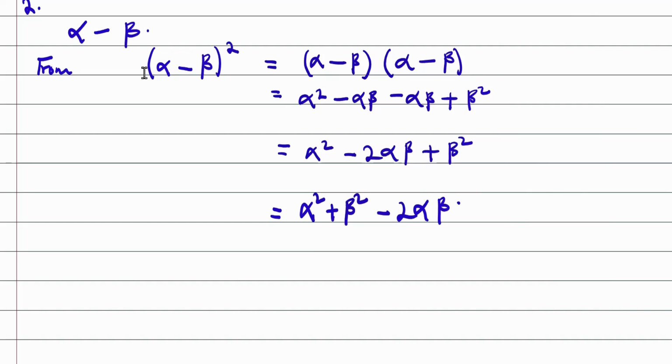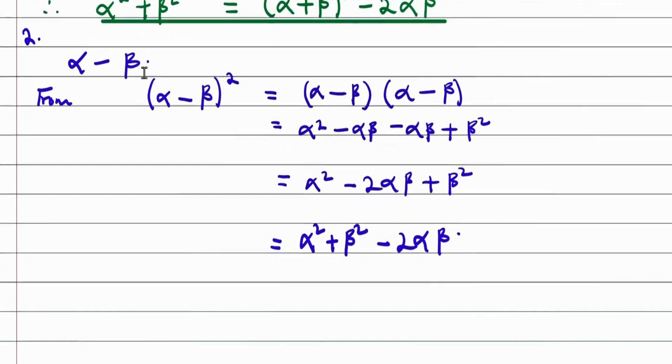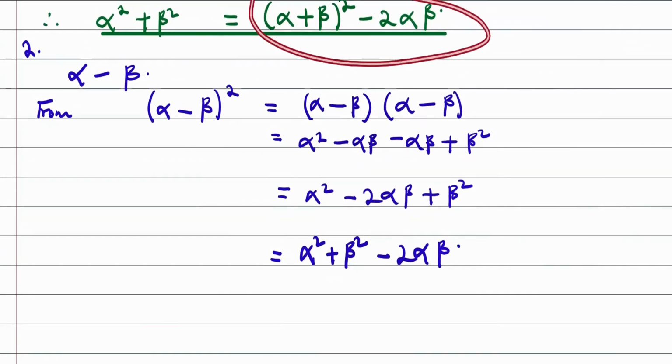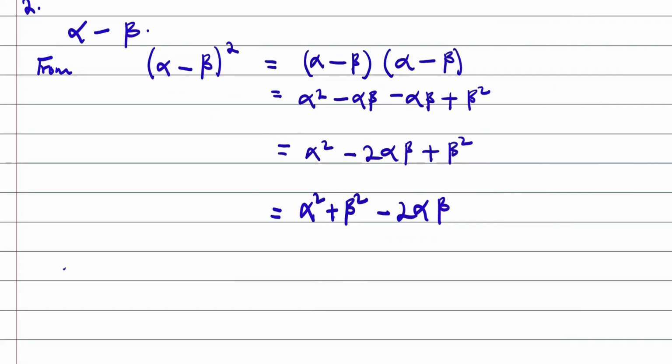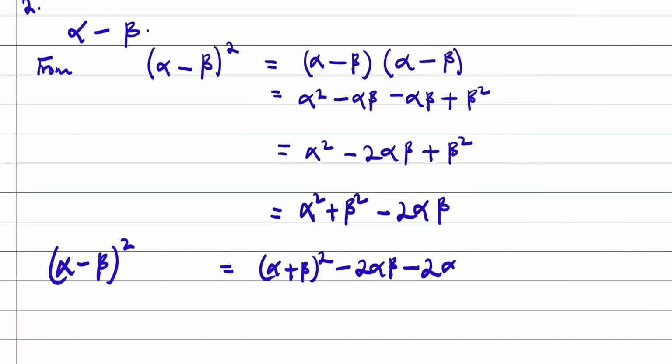But from our number 1, we have seen that alpha squared plus beta squared is equal to this. So we can therefore substitute it here, this being equal to this from number 1. So we are going to have alpha minus beta, squared, being equal to alpha plus beta, squared, minus 2 alpha beta, then this other minus 2 alpha beta.